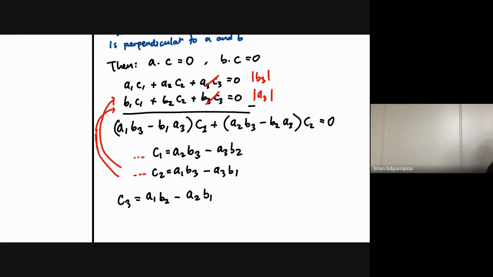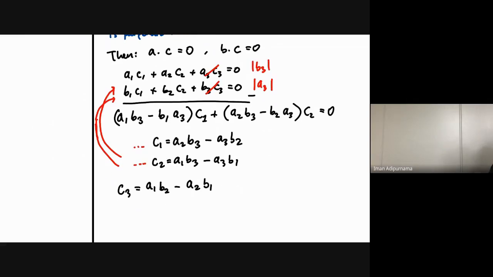Okay, so after substituting C1 and C2 into the original equation, we get this C3.